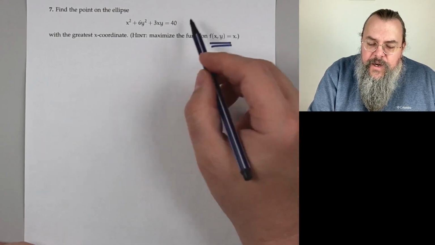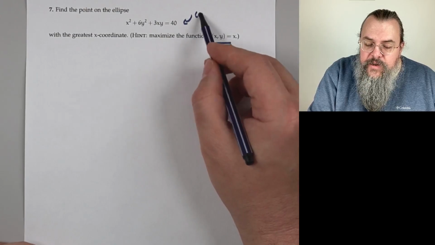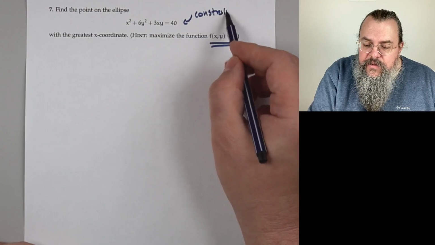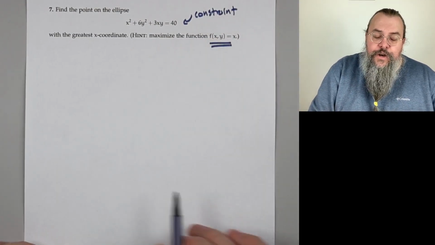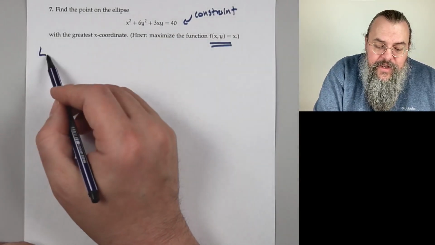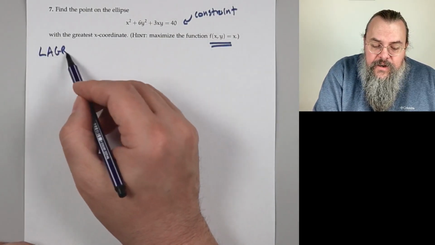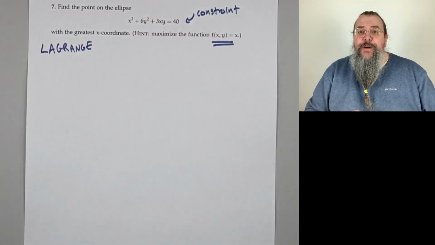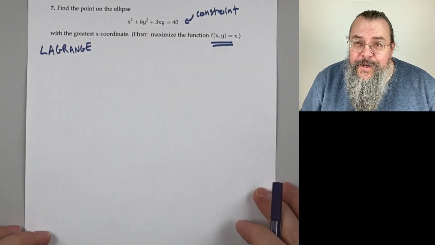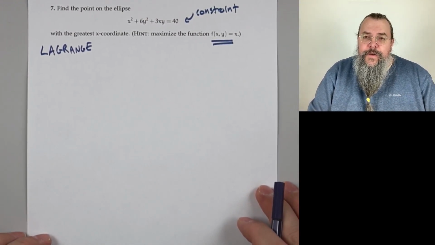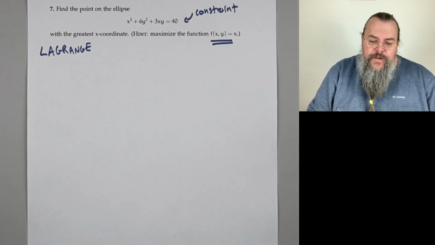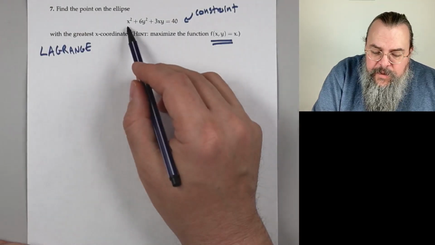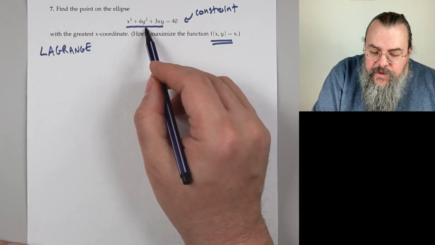We're trying to maximize with a constraint. So you might think of this as constrained optimization, but for that, we really say, aha, this is Lagrange. All right, Lagrange multiplier problem. So we just have to remind ourselves how it works. We'll call this function g for a second.